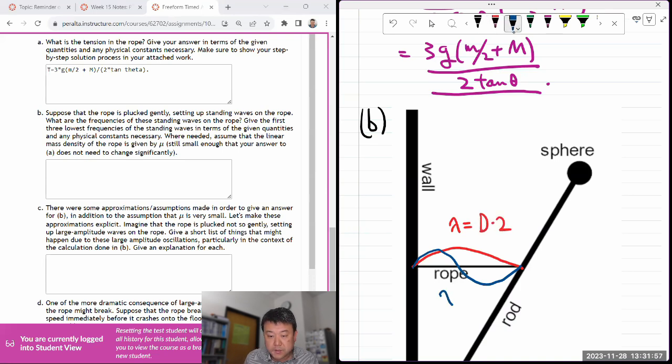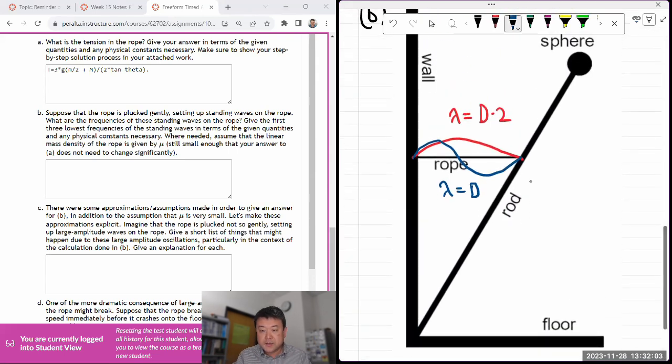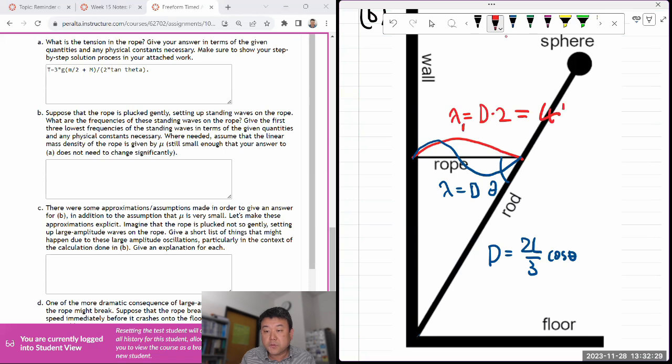And the next one will be D. And just working out the geometry in my head, I know this is 2L over 3, and this is theta. So the adjacent side, this is the expression that should hold: D should be 2L over 3 cosine theta, which means the first wavelength gives me something like 4L over 3 cosine theta, and the rest I can get from harmonics.